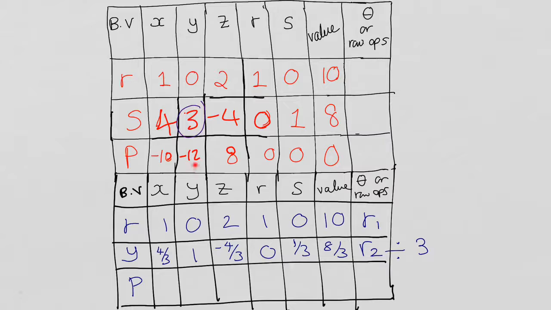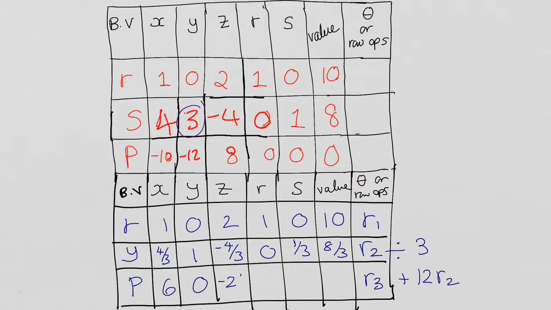I've got to go from minus 12 to naught, so I'm going to have to add on 12 lots of this row 2. So row 3, I'm going to add on 12 lots of row 2. So that one becomes naught. Minus 10 plus 12 lots of 4/3 gives me 6.